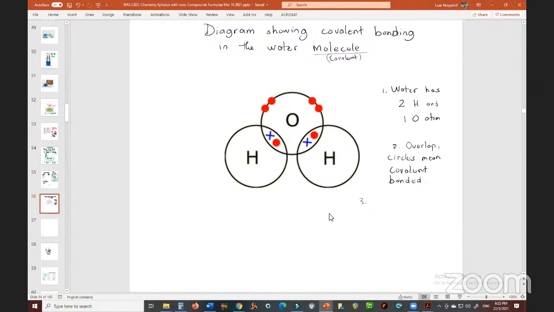Sir, because the oxygen only has 6 electrons, so for it to be stable, it needs 2 more electrons, but each hydrogen only has 1 electron, so that's why they're sharing it, sir. So the X represents the electron of the hydrogen, which is sharing with the oxygen.